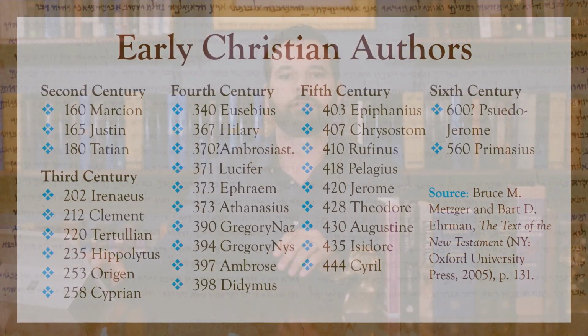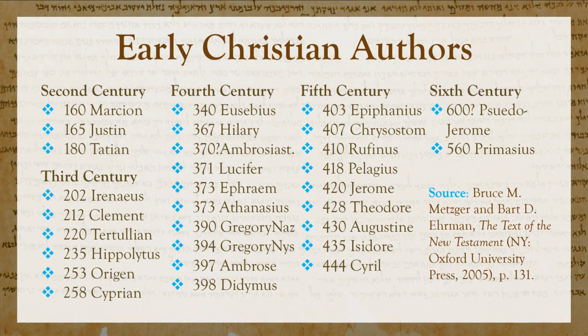We can look to Eusebius and many of the other church fathers to figure out what, in fact, is the evidence from that period. So here's a list of some of the early Christian authors that we get from Metzger and Ehrman's book. There are actually a lot more than this, and these are really just a smattering of them.